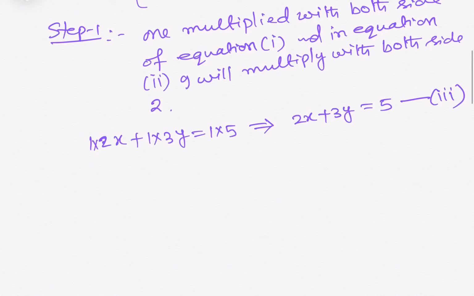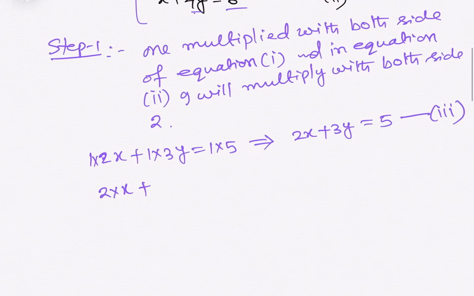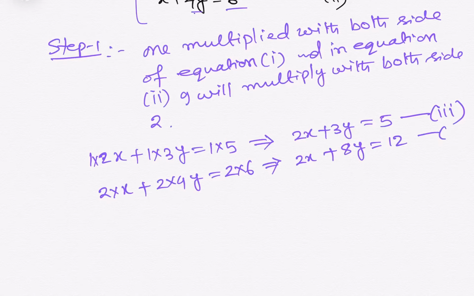Now multiply both sides of equation 2 by 2: 2 into x plus 2 into 4 into y equals 2 into 6. Simplifying, 2x plus 8y equals 12. This equation is named equation 4.